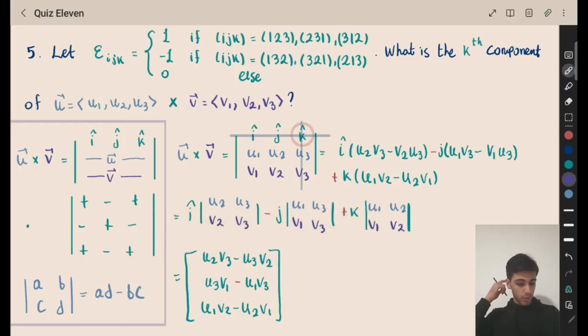Next, I want to make an observation about this. So if we just take a moment to look at this, I don't think it is too difficult to see that it talks about signs. So here we have a positive sign. And if we take a look here, we have a negative sign.